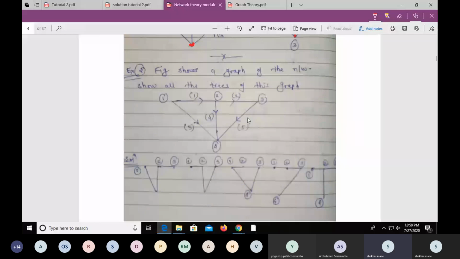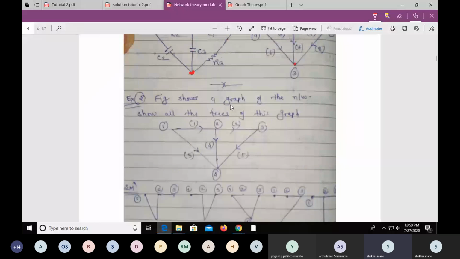Now see here, this figure shows a graph of a network. See this question number 2. This figure shows a graph of a network. Show all the trees of this graph.